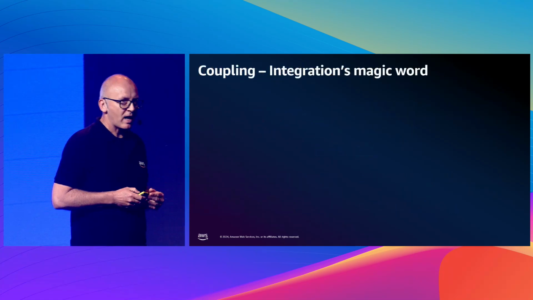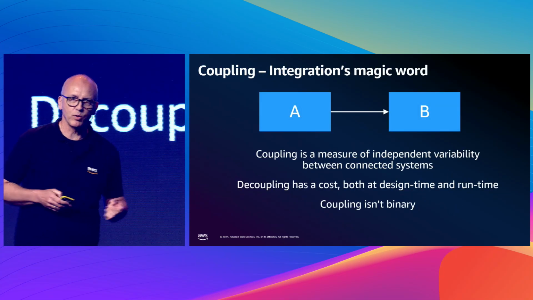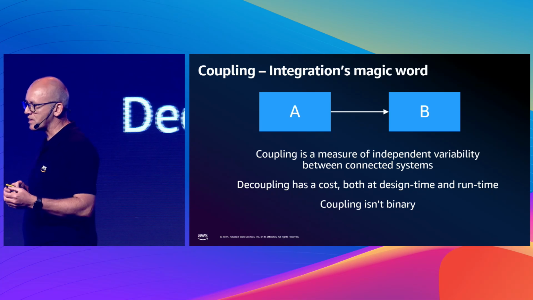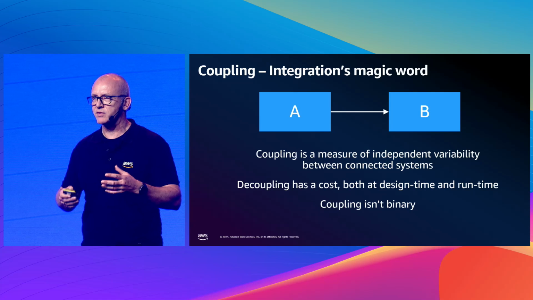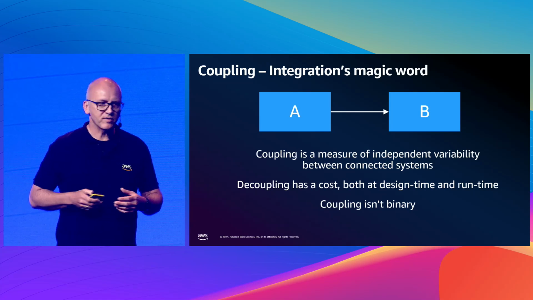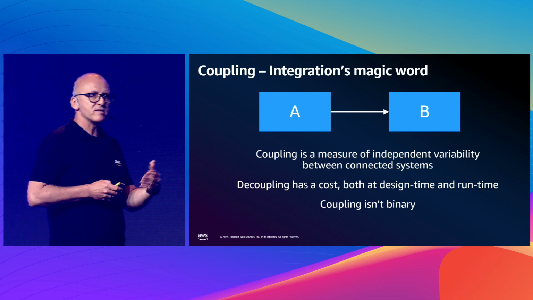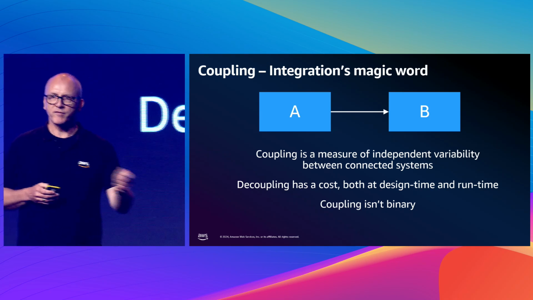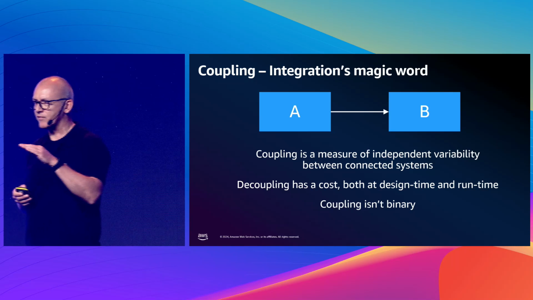Now, I mentioned coupling already a few times. It's actually integration's magic word. And that is also something that decides about the variability between your two systems. And also, decoupling or coupling is not binary. It's not an on-off switch or so, right? There are different levels of coupling.